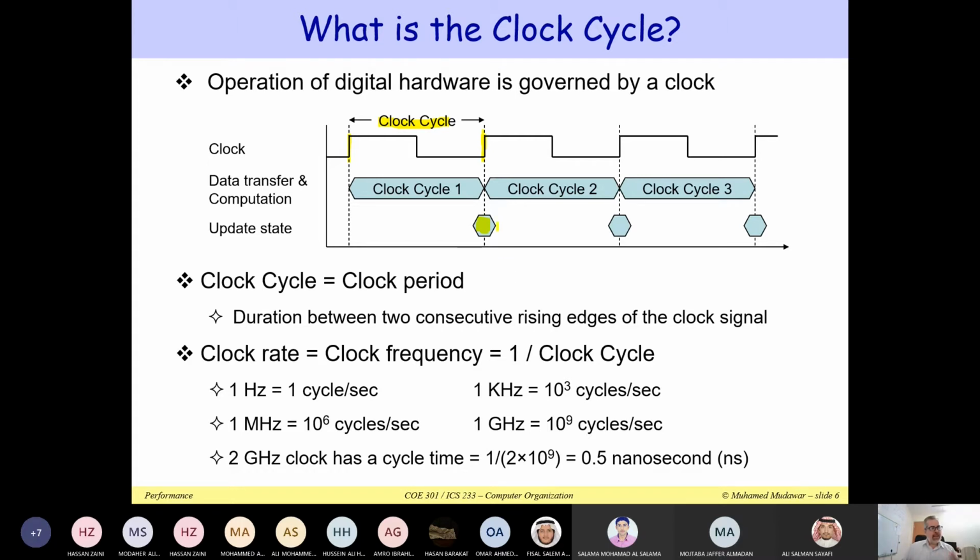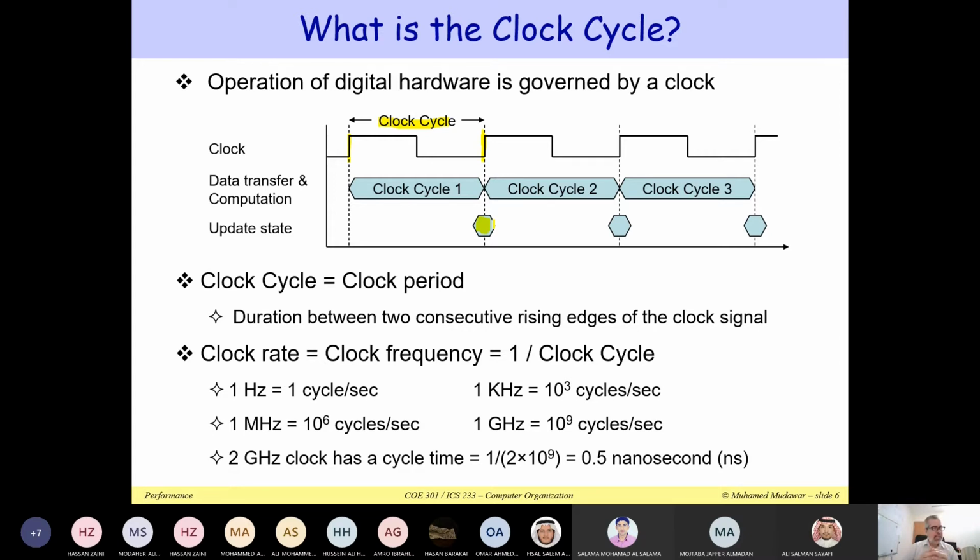That is, we update one or more registers inside the CPU. We have seen that in the case of the single cycle CPU, we update the program counter at the edge of the clock. We increment the program counter so that we point to the next instruction memory. We write the result to a register in the register file. So we update a register. Sometimes we write to memory. So we update the state.